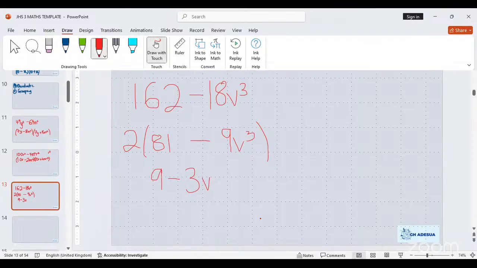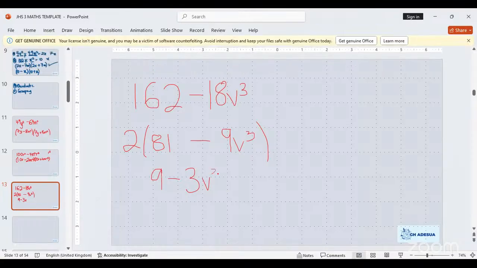I wrote it to you. 3 over 2. What else? What's next? So it will be in a bracket. In one bracket. Then the next bracket will be 9 plus 3 v exponent 3 over 2.